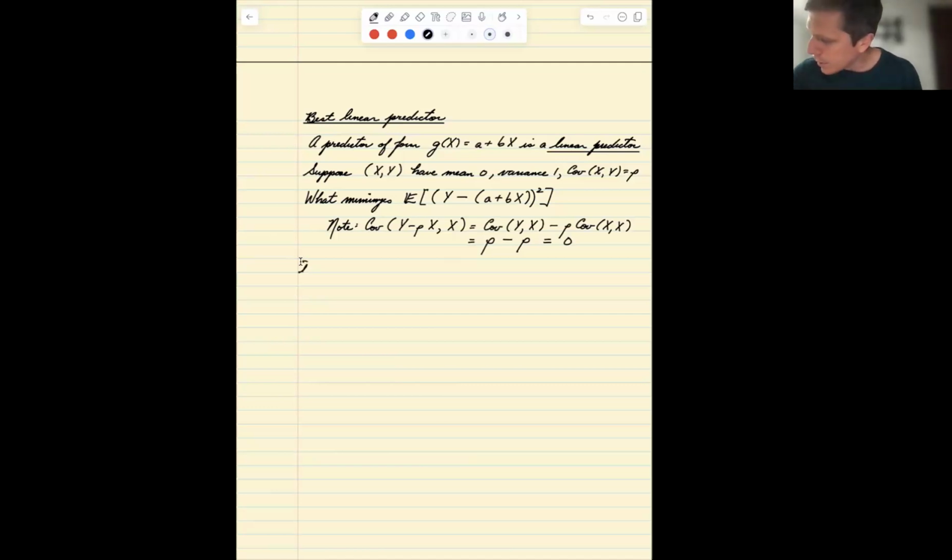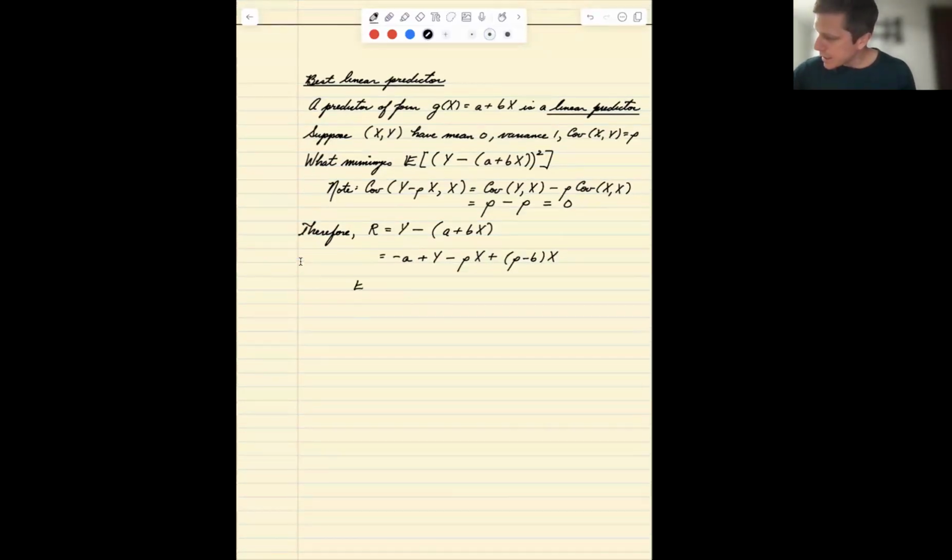Therefore, if we write R for the remainder, in other words how far off we are in our prediction, R is minus a plus Y minus rho X plus rho minus b times X.